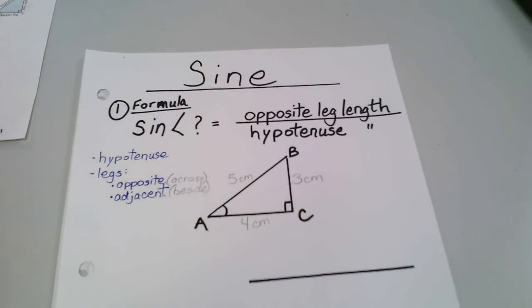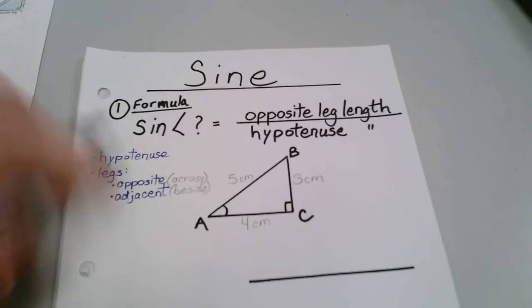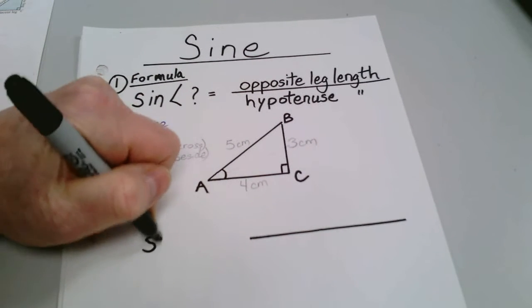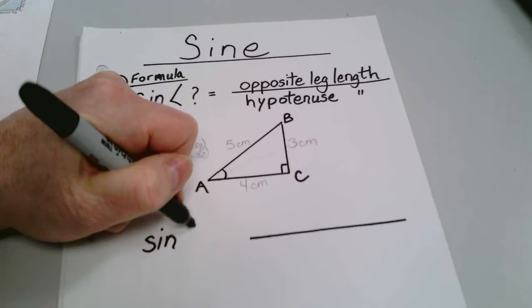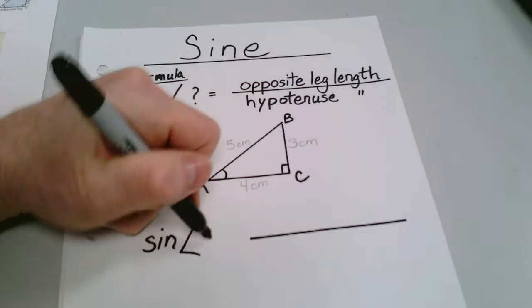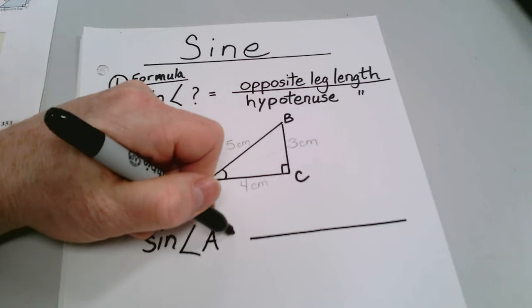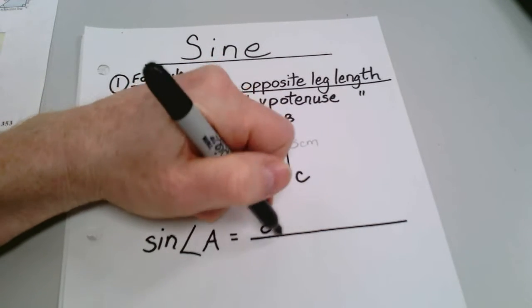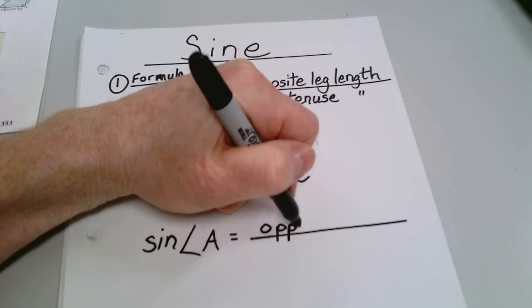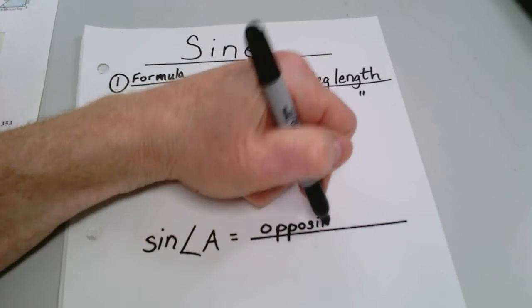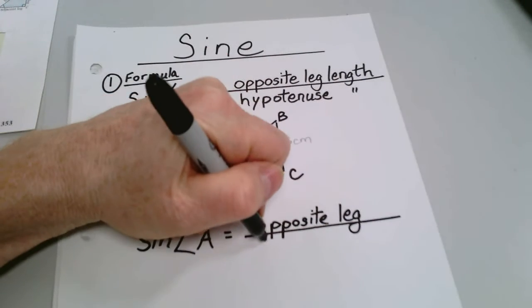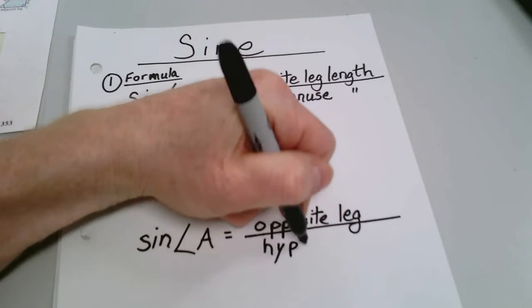So now we can do what we need to do for this question to solve what the sine is for angle A. So as you look at the formula here, we write down the sine of angle, and in this case we no longer put a question mark, we actually put the letter A because that's what we're being asked to do, equals the opposite leg length, and we'll just write opposite leg, shorten it a little bit, over the hypotenuse.